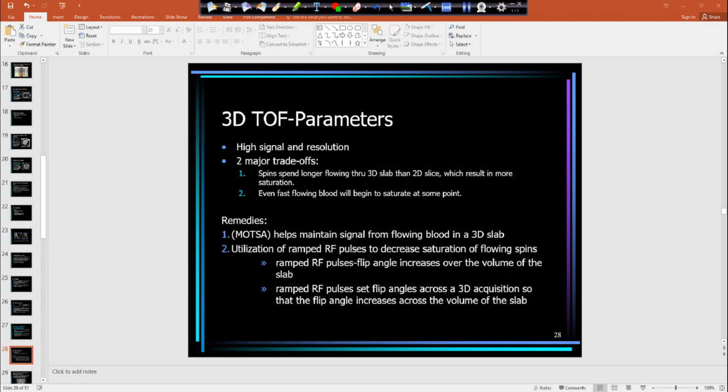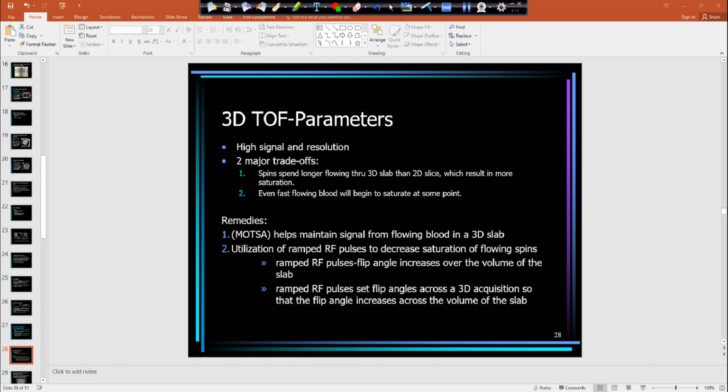Usually with a ramped RF pulse, we start with a very small flip angle because we already have a very large longitudinal magnetization, so that will create a little bit more signal. But then as our longitudinal magnetization decreases as we go through the tissue, we use a larger flip angle to get more signal from that particular vector.